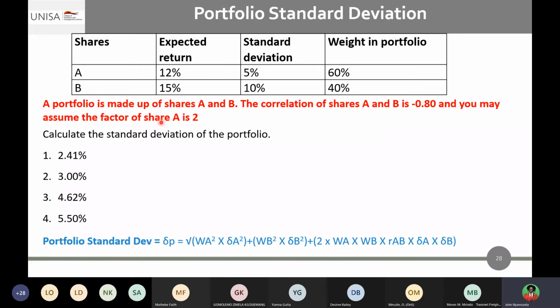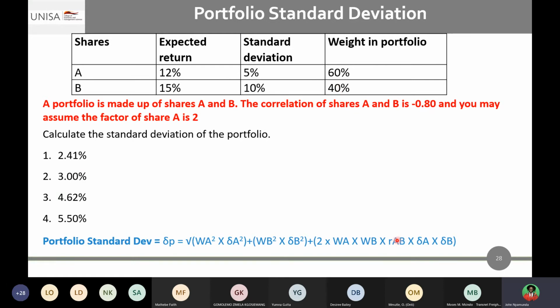Okay, so for those who are struggling, ladies and gentlemen, the weight is this 60%. So you can say 0.6 squared times 0.05 squared. I'm helping you with this one because the next one will be on you. Then for portfolio B, you can say 0.4 squared times 0.1 squared. Then you would have done that part. 2 times 0.6 times 0.4 times correlation.